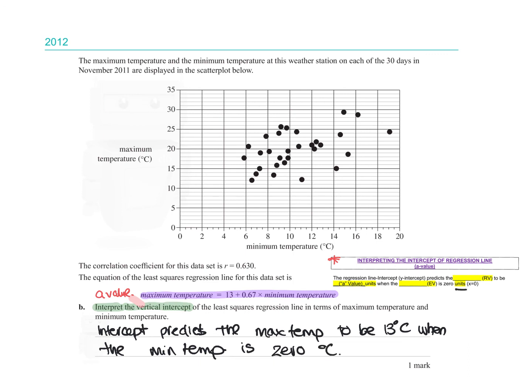So I've used the units for the EV, and up here when I had to put the RV units, there it was. And I probably should have said the regression line intercept predicts. Okay, so I'm just simply using that.